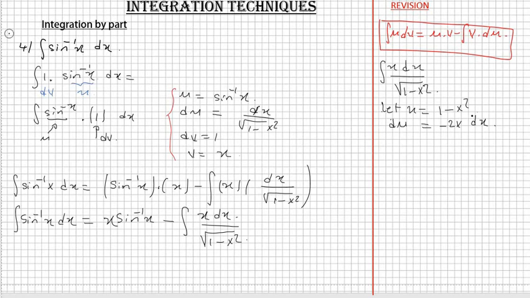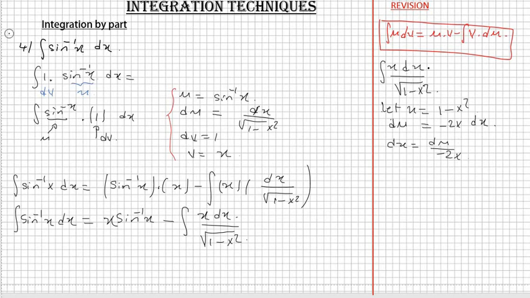So now we are going to make dx the subject of the formula. In other words, dx is equal to du over negative 2x. So now what you are going to do is replace dx by this expression here.